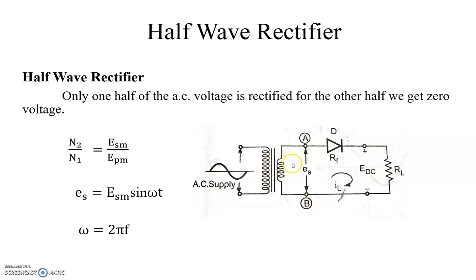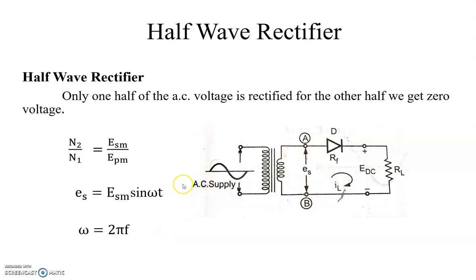The voltage across the secondary is equal to or greater than the primary voltage, depending upon the turns ratio, by the equation ES is equal to ESM sine omega t, where omega is equal to 2 pi f, and f is the supply frequency. So the transformer decides the peak value of the secondary.